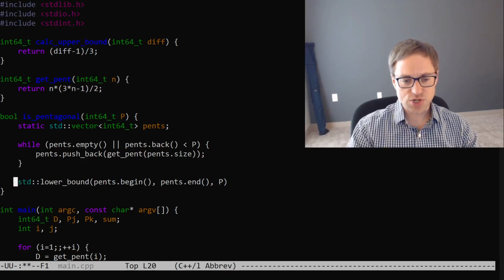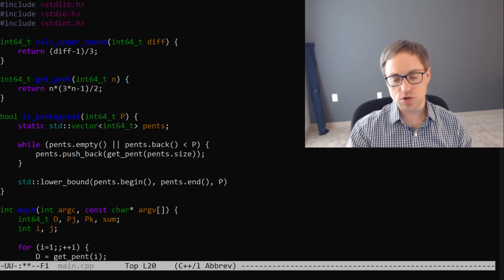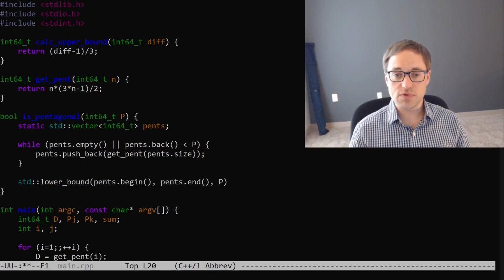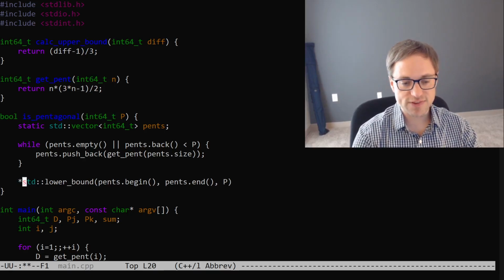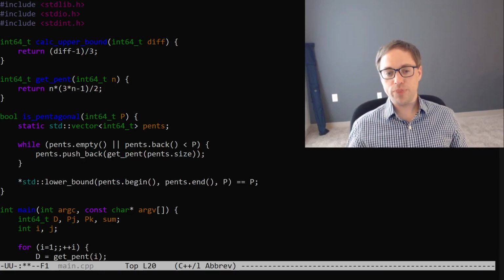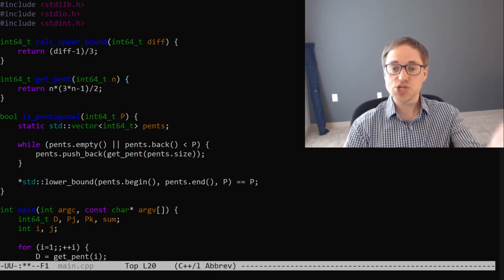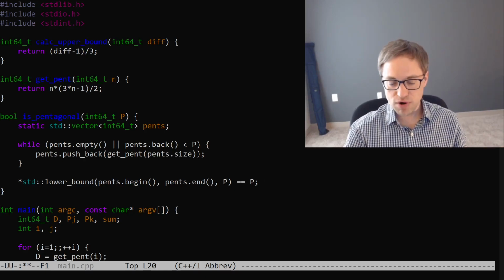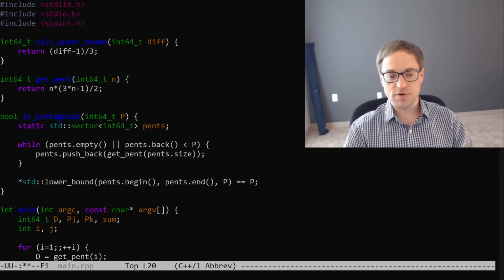Now, this function does not actually return the value itself. It returns an iterator to the value. So we need to dereference that. And then we want to compare that to p to see if we have found the alleged pentagonal number that we're looking for, or if we found some other value.